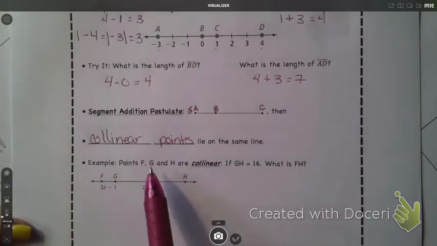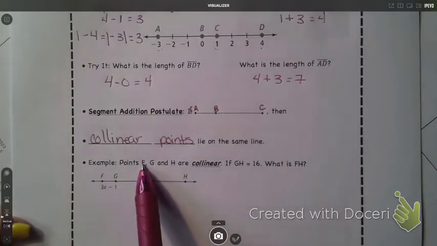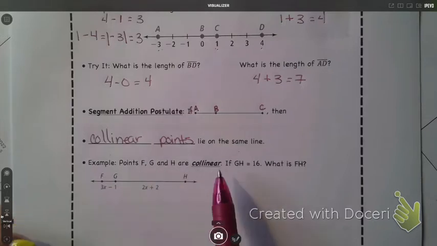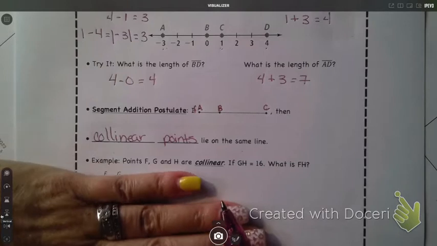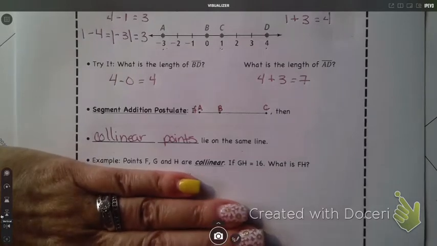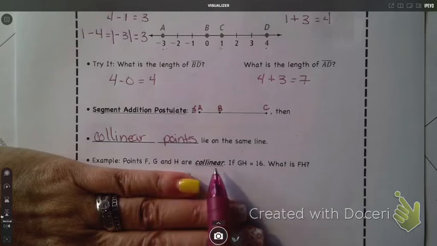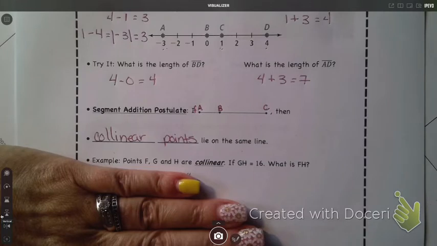So if F, G, H are collinear. Now in your book, they're going to have words like this. They're not going to have a picture. You're going to have to draw the picture. So it says F, G, H are collinear. If it doesn't say that G is between F and H, it is on that line F, G, H. Does that make sense?